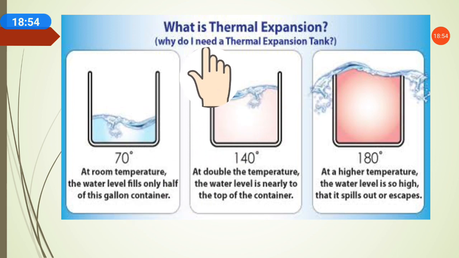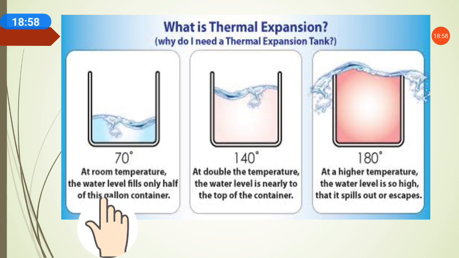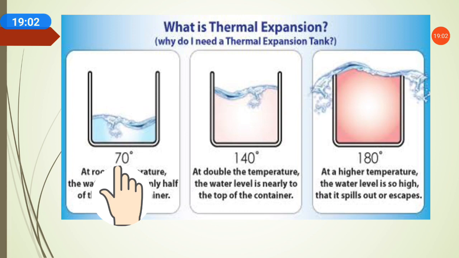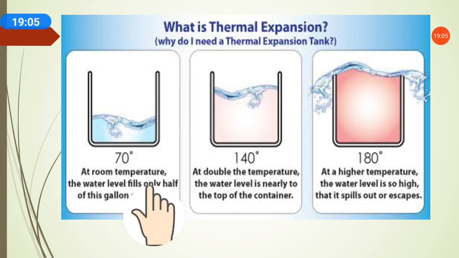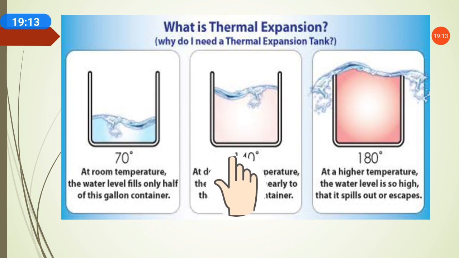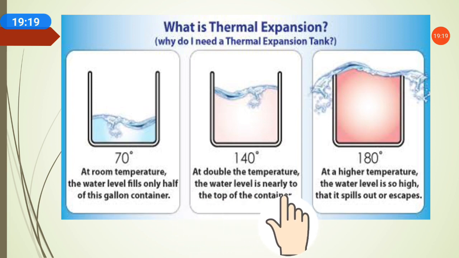Here with this picture you can understand more clearly. See, at room temperature, there is how much temperature? 70 degrees Celsius. So at room temperature the water level fills only half of this gallon container. And when you double the temperature, 70 doubled is 140, the water level is nearly at the top of the container.